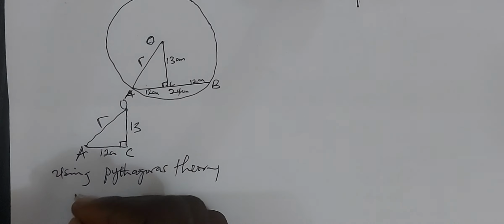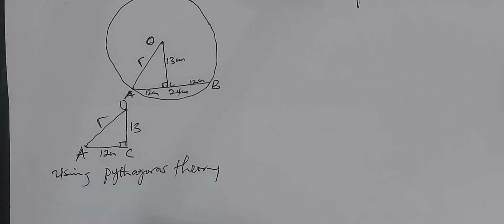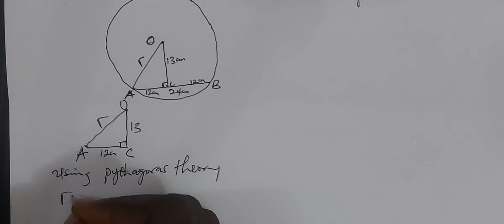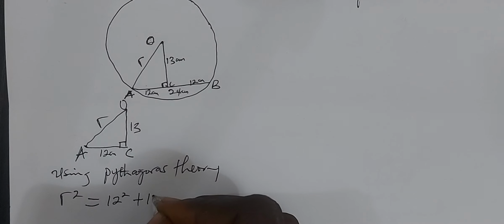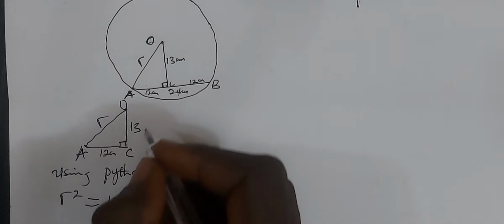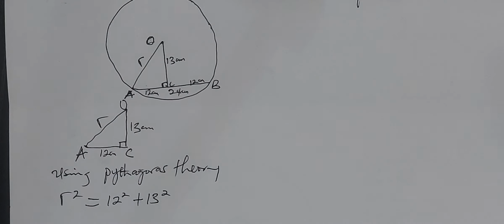We can remember that the sum of the squares of the adjacent and opposite is equal to the square of the hypotenuse. So we have your R squared, which is the hypotenuse, equal to 12 squared plus what? 13 squared. You can put the unit later.